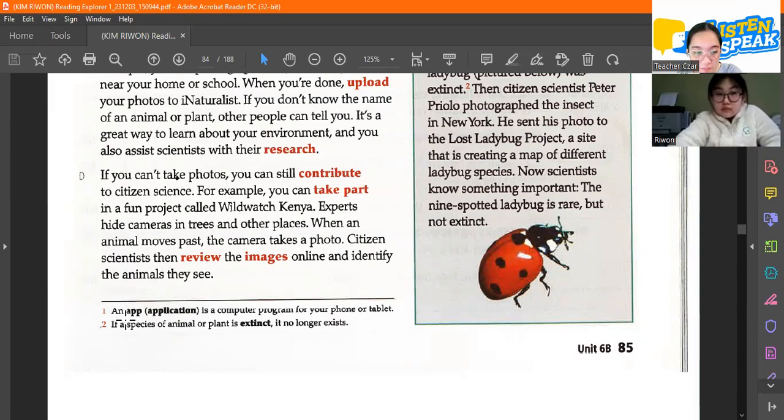On the other hand, if a species of animal or plant is extinct, or no longer exists, like dinosaurs. Before, dinosaurs lived on Earth, but now they are extinct animals, or they no longer exist. Yeah. Okay, any more questions here?